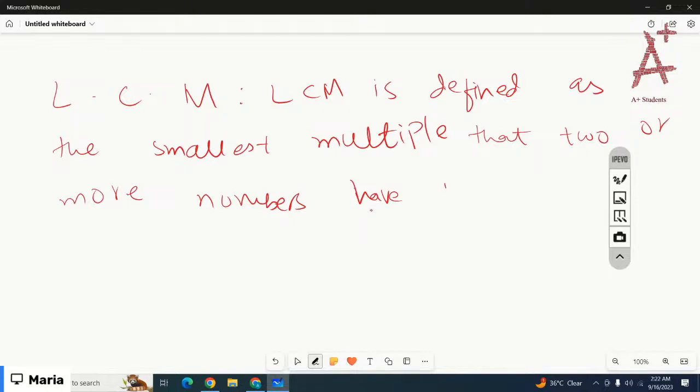So LCM means you have to find the smallest multiple that is common between two numbers, right?